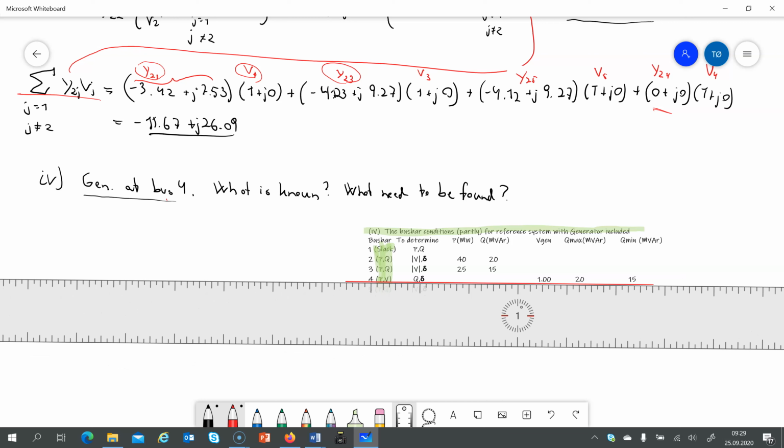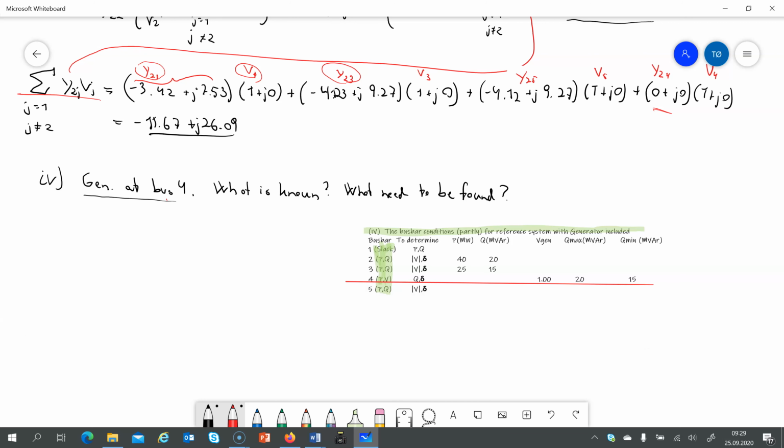And here you need to determine the reactive power and the voltage angle. For bus bars 2, 3, and 5, you have to determine the voltage magnitude and the angle. So here we call them the PQ bus, PV bus, and so on.